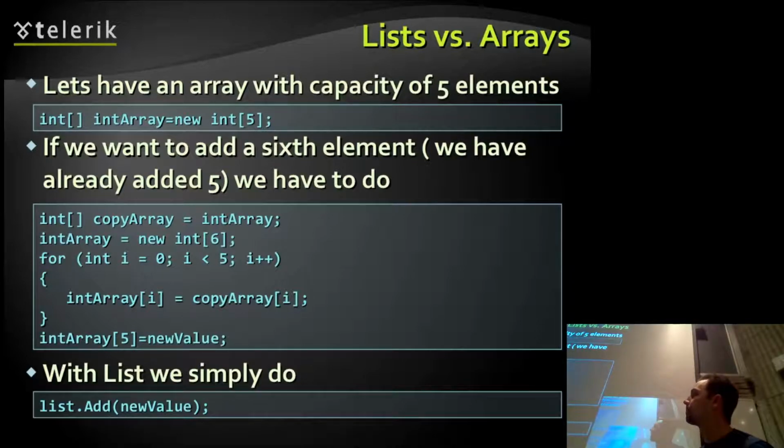So it says, all right, create this new array of size 6. Then for the first 5 elements, put that existing option into the new option. So you're copying across arrays. And then finally, add in that last element. Or you could just use a dynamic array and say add. And it will take care of that.